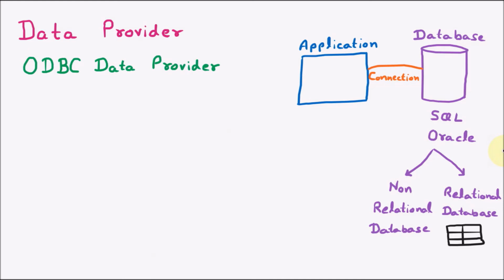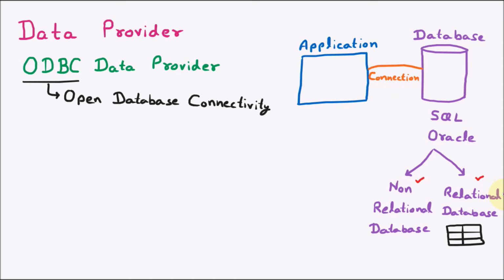In the ODBC data provider, ODBC stands for Open Database Connectivity. We know that there are two types of databases. One is the relational and the second one is the non-relational. In the relational databases, we are having the tables.